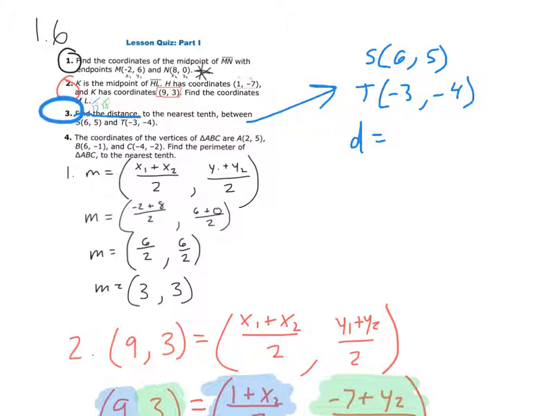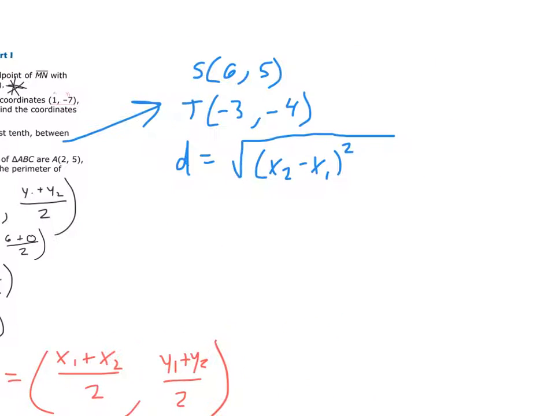So we have D is equal to the square root of (x2 minus x1) squared plus (y2 minus y1) squared. So we can look at S as our first point and call this x1, this would be y1.